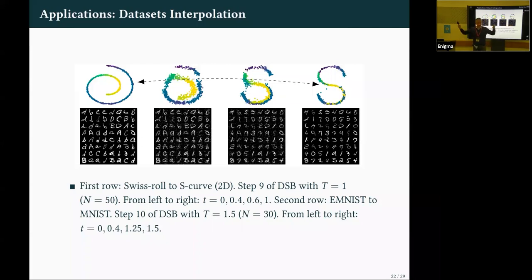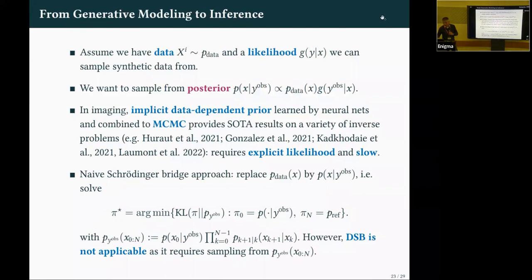So you can transport between any empirical distributions, because you never need a forward dynamic that diffuses to an easy, well-known target distribution like a Gaussian.